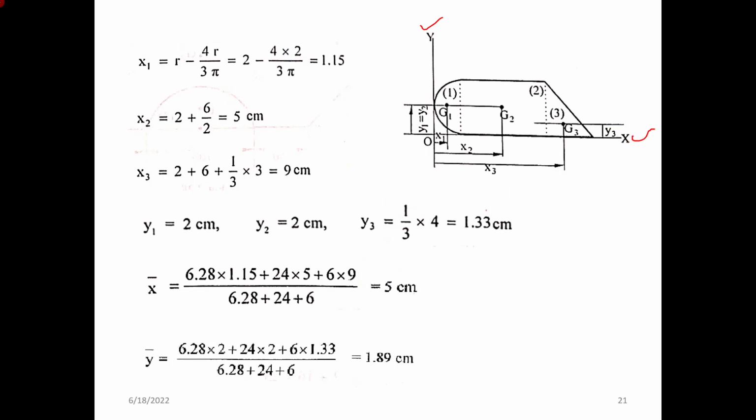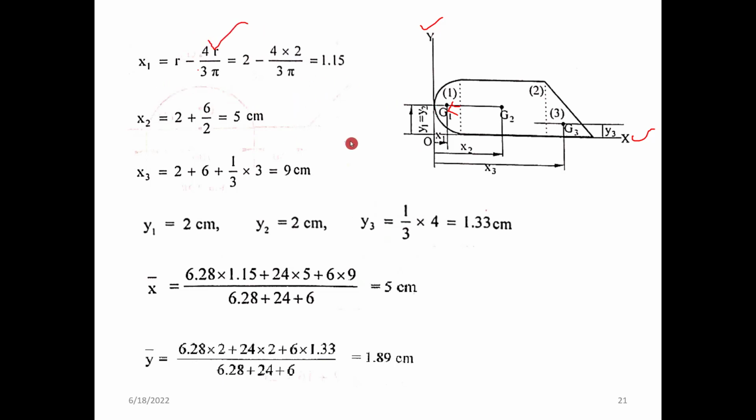Let's see that. X1 means the horizontal, right? So x1 is equal to r minus 4r by 3 pi. Why is there a minus? We know that the centroid is measured from the bottom line of the semicircle, like from this dotted line, we are measuring the 4r by 3 pi.